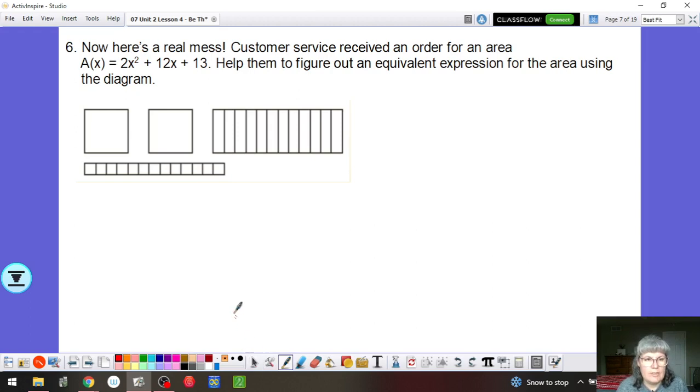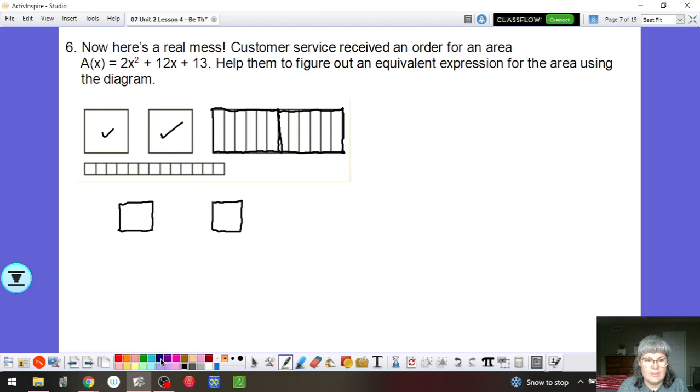In class, students recognized that we had 2 squares. So they said we must start with the 2 squares, which will then end up being 2 blocks. And then they divided these x pieces evenly. 1, 2, 3, 4, 5, 6, 7, 8, 9, 10, 11, 12, so that 6 of them would go with 1 square, and the remaining 6 would go with the other square.